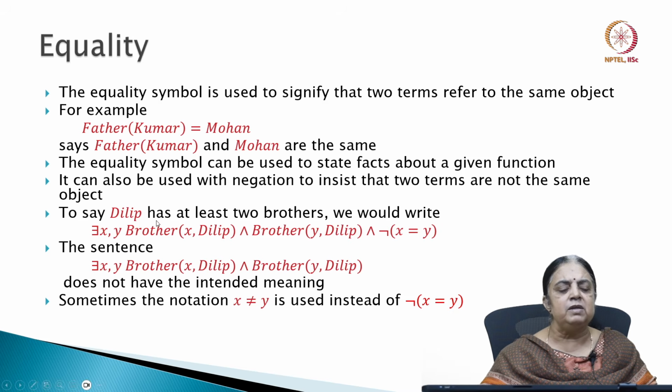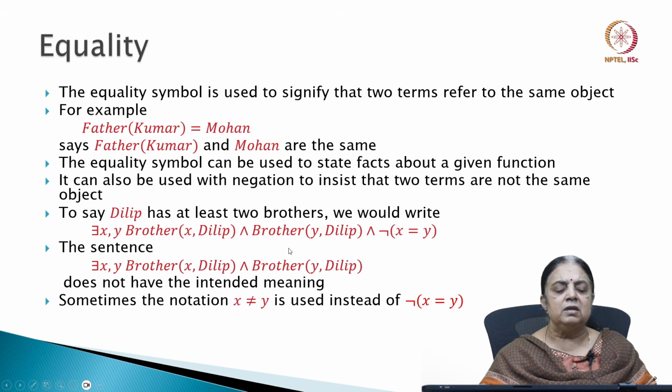So for example, if we say that Dilip has at least two brothers, we can write there exists xy, brother x Dilip and brother y Dilip, right? But if I write this, then suppose x and y are the same, you're talking about the same person as x and y since they are variables.